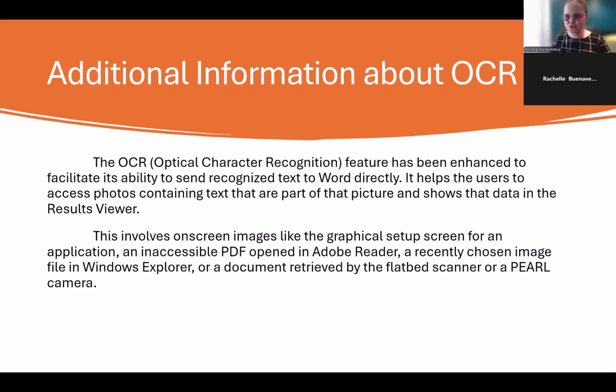If users have Microsoft Office installed on the system, they can execute the new command Insert Space and O followed by R to perform OCR on that image file in File Explorer on the desktop and put the recognized text into a Word document directly.